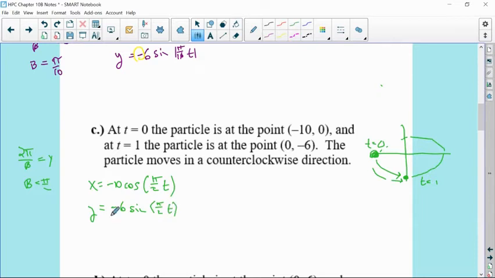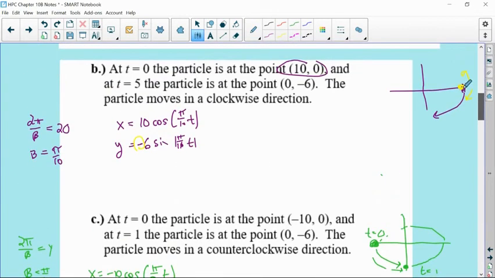And again, this negative doesn't necessarily dictate that it's always going to be counterclockwise or always going to be clockwise, because it's going to depend on where you started. In the last example, we started on the right with x being positive, but we needed the y to be negative to go in a clockwise direction because we wanted to encounter negative y's first.